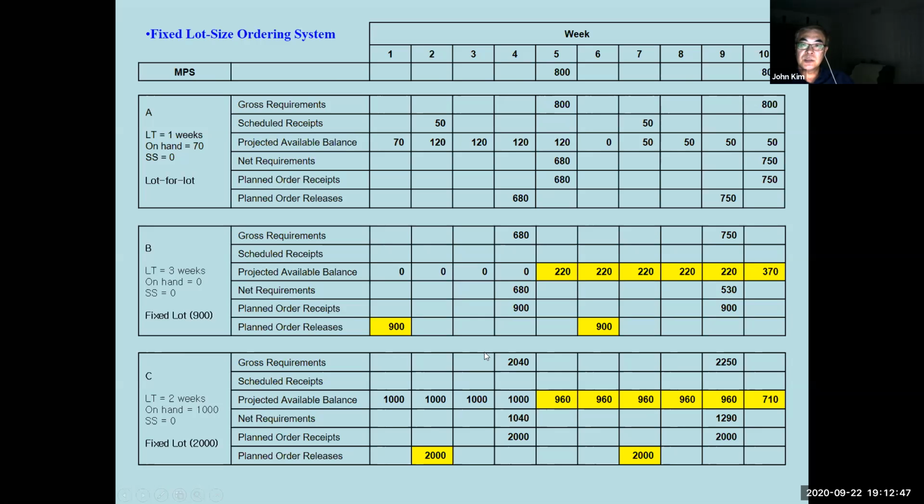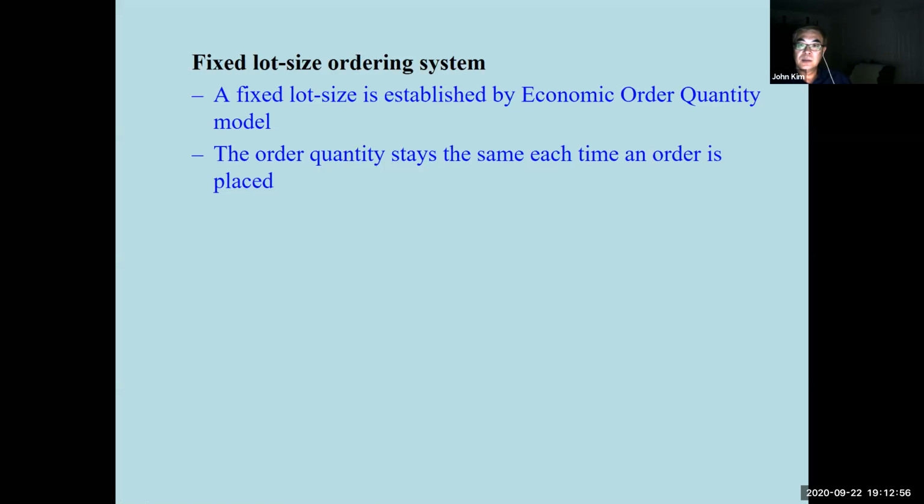So if we use this fixed lot order system, maybe inventory cost is high. The order quantity stays the same each time an order is placed, but there is inventory. But we cannot say which one is the better ordering system. It depends on whether they focus on order costs, order quantity, or inventory cost.